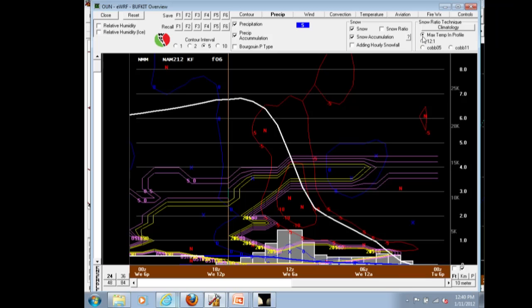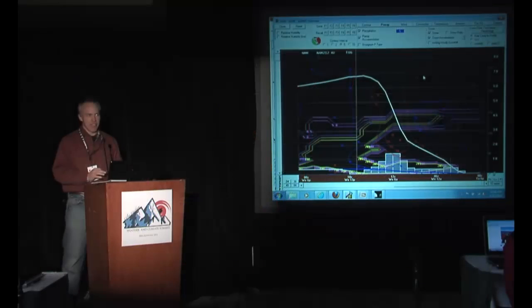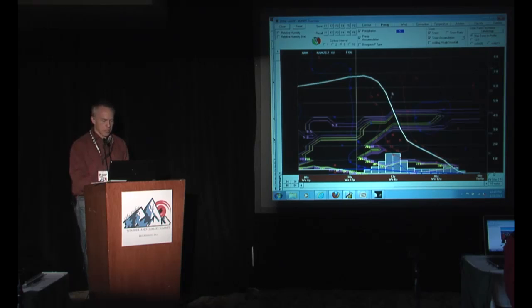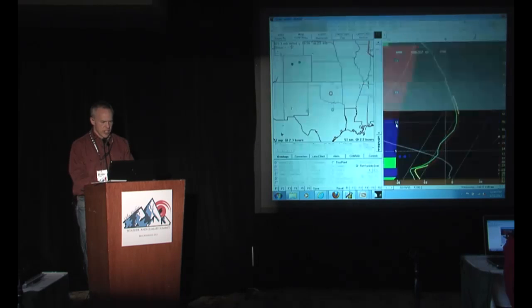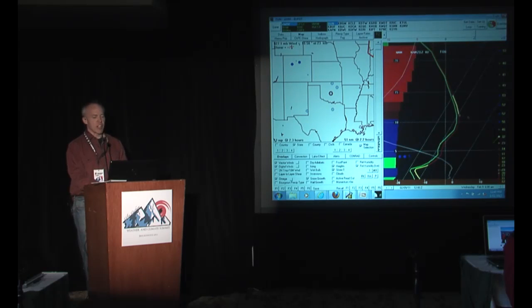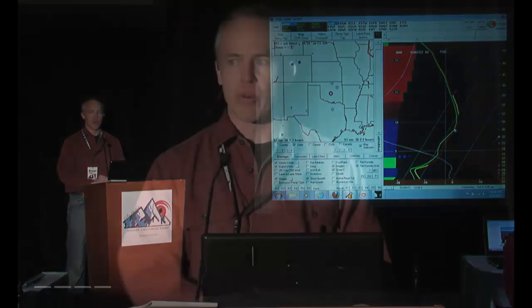Max temp and profile happens to be the one displayed right now. Max temp and profile takes the maximum temperature. So if I was here and I look at the profile, it would take this and use a lookup table with some pre-established snow ratio for that particular max temperature, which is around -8, something like that.